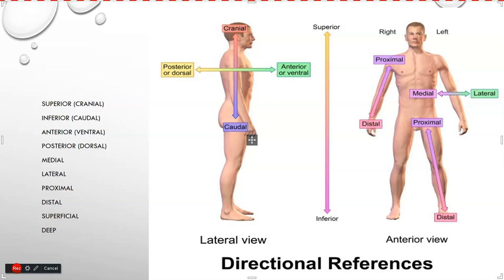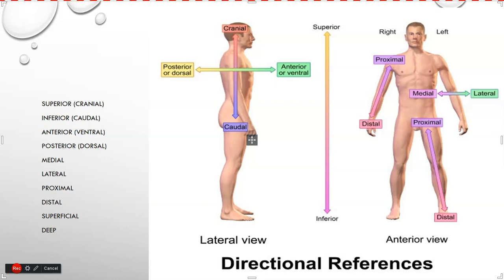So superior, cranial and inferior, caudal can be used interchangeably depending on the author you're looking at. Generally in our program, we do tend to use the terms superior and inferior, but the reason I bring these others up is because you may find other terminology in textbooks that you're reading.